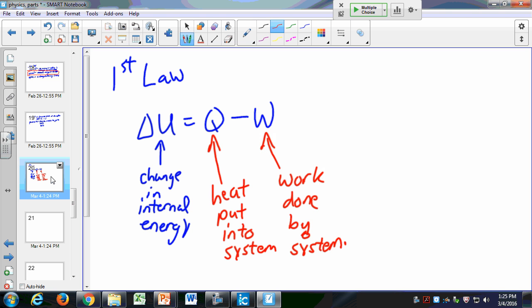And then the work, this is probably the most confusing, because I think the Q stuff is kind of intuitive, right? If I have a positive Q, I'm putting heat in. If I have a negative Q, I'm taking heat out. But the signs for the work are a little bit confusing. Work is done by the system if it's expanding.